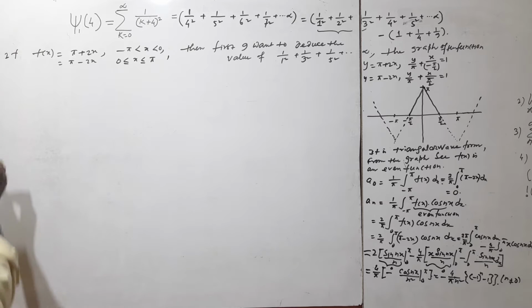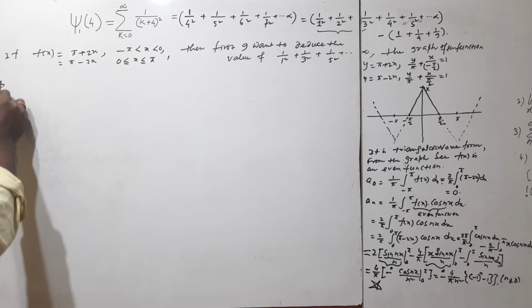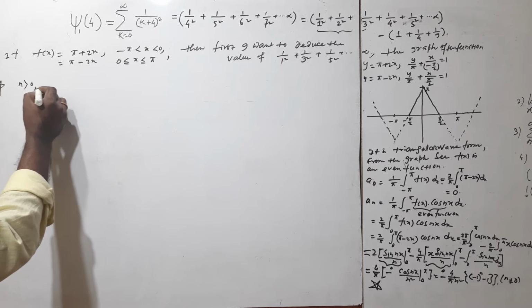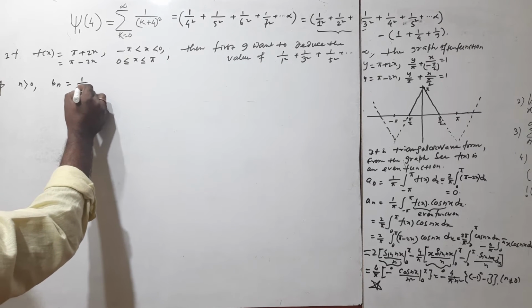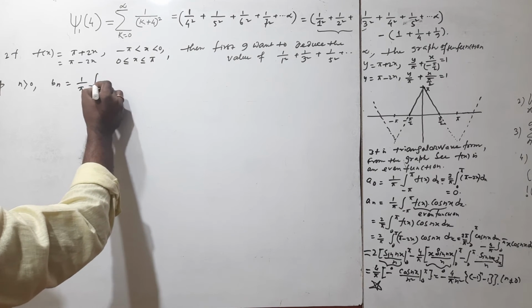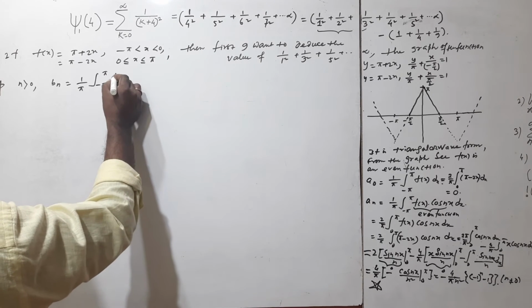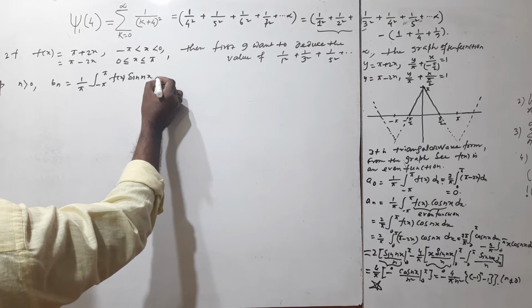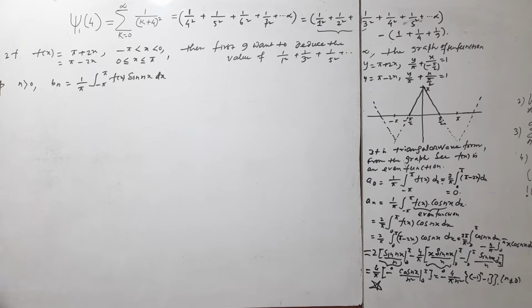Now from here, if n is more than 0, then bn is equal to 1 over pi, integral from minus pi to pi, f of x sin nx dx.